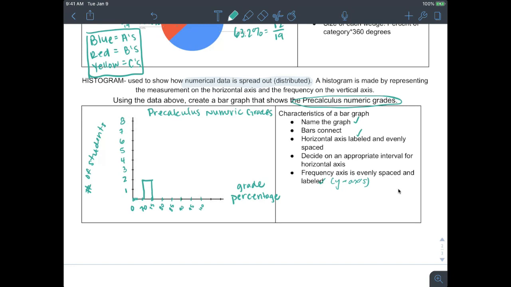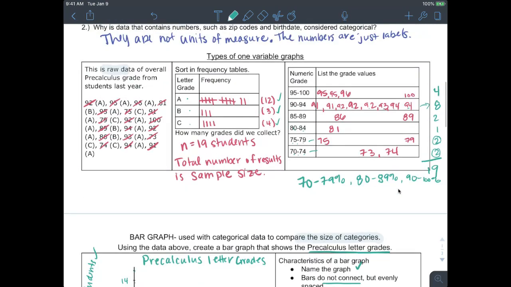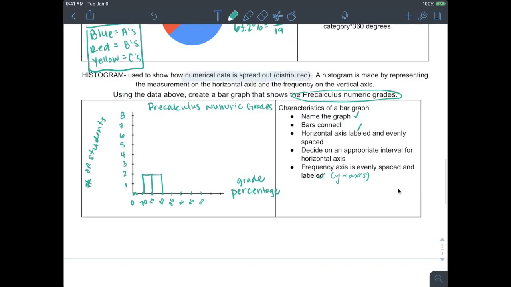The next section from 75 to 79, I also have 2 students. So I connect it to the other bar, okay? From 80 to 84, I have 1 student, and then from 85 to 89, I have 2 students. So I'm going to go 1 student from 80 to 84, and 2 students from 85 to 89.